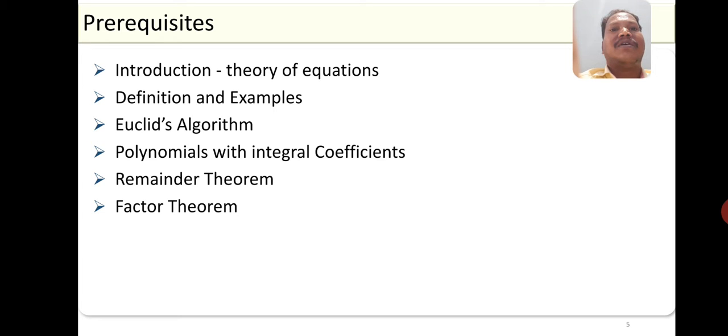Prerequisite with respect to this session: the student must know all these things. The first one, theory of equations, definition and examples, Euclid's algorithm, polynomials with integral coefficients, remainder theorem, factor theorem.